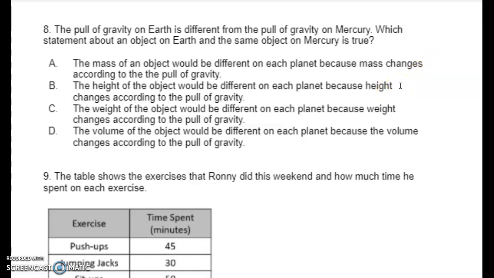B. The height of the object would be different on each planet because height changes according to the pull of gravity. C. The weight of the object would be different on each planet because weight changes according to the pull of gravity. D. The volume of the object would be different on each planet because the volume changes according to the pull of gravity.